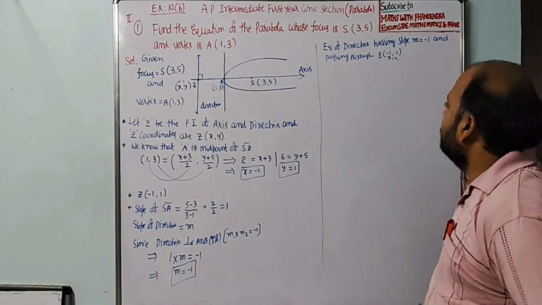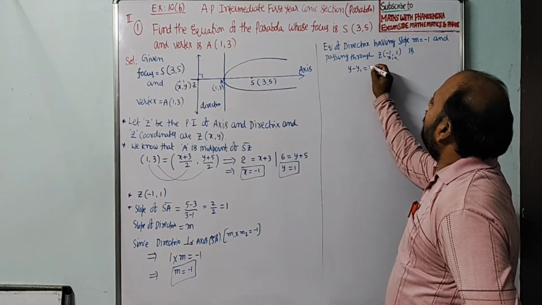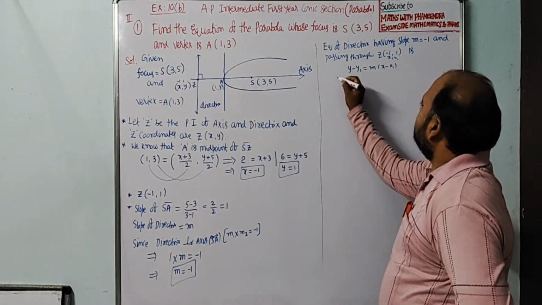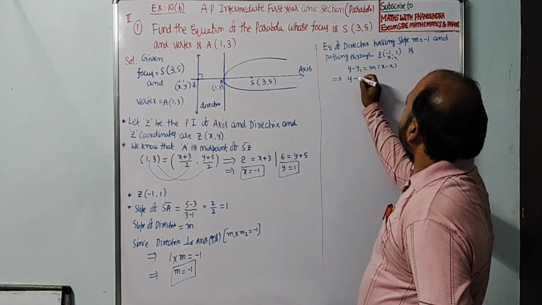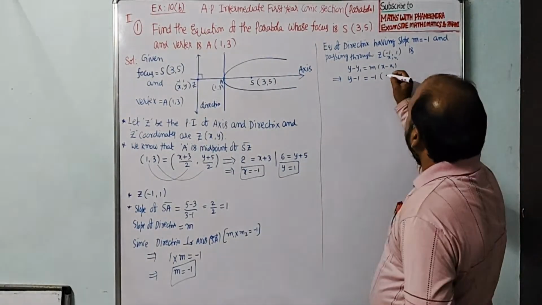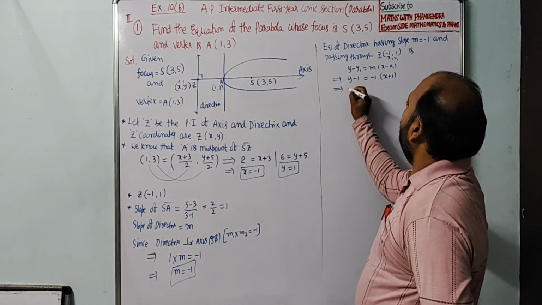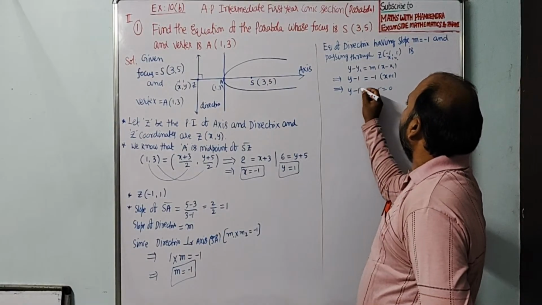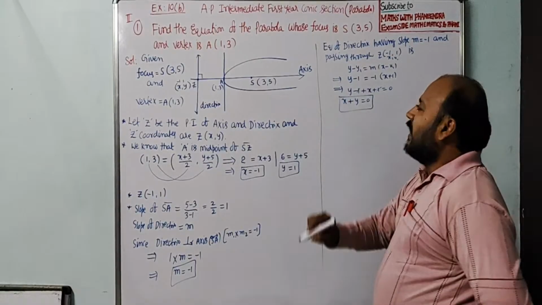The formula is y - y1 = m(x - x1). So y - 1 = -1(x - (-1)), so y - 1 + x + 1 = 0. So x + y = 0. This is the directrix equation.